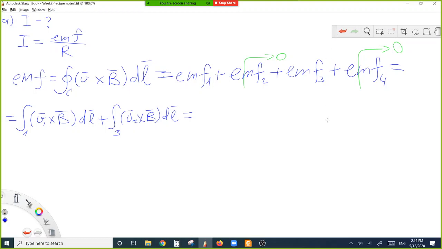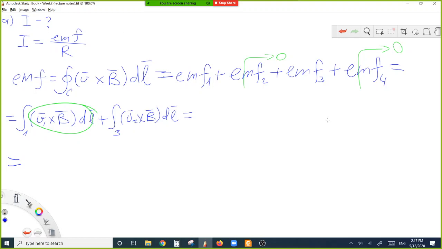And the first integral, in the previous lessons we have already derived the results of these integrals.